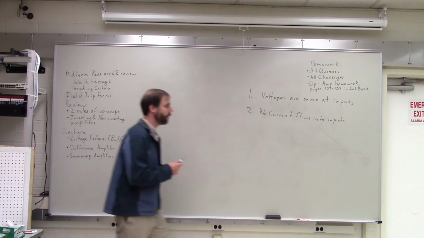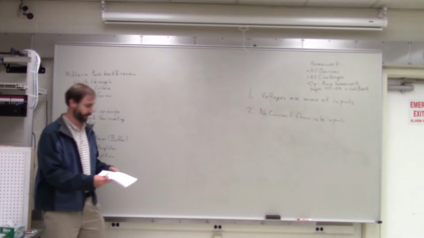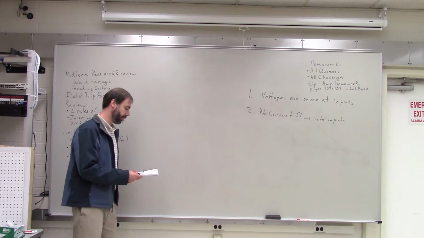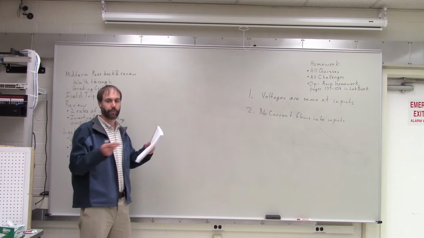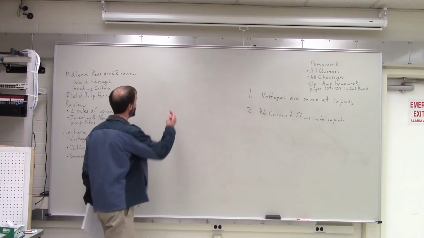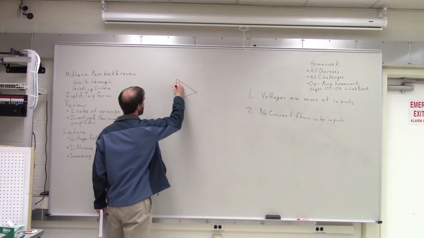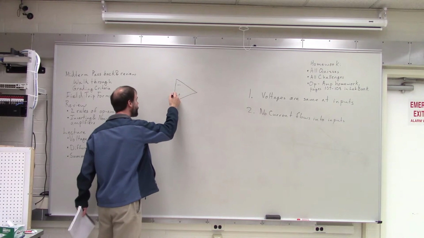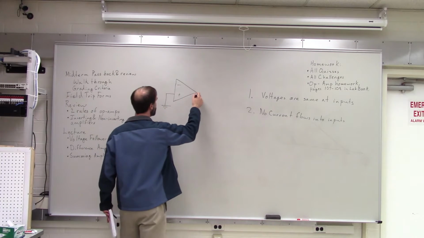So the way that these circuits are constructed, it's sort of like several different inverting amplifiers put together. Okay? So you guys remember that an inverting amplifier looks like this. We've got the non-inverting terminal connected to ground.